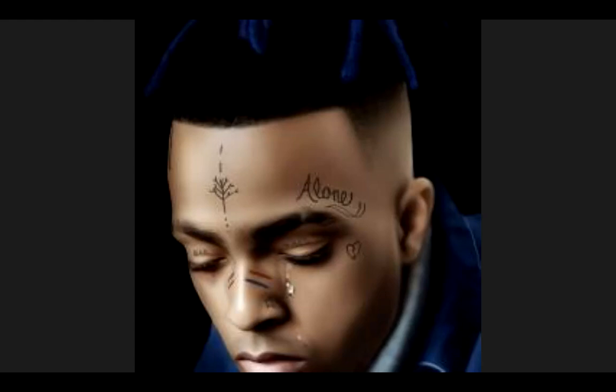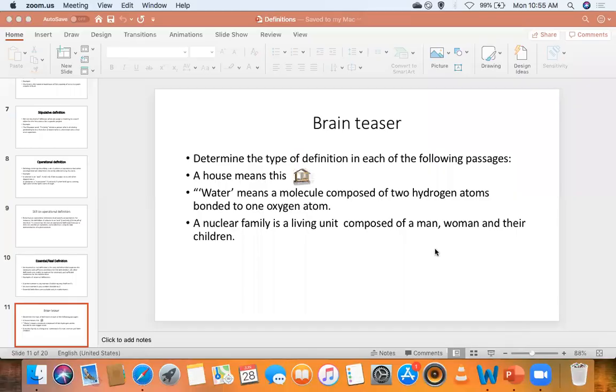The example number 2, can it be an essential definition? For it to be an essential definition, we must be sure that it is only water we can create when we bring together 2 hydrogen atoms and 1 oxygen atom. So for now, anytime you assemble those things, you get water.